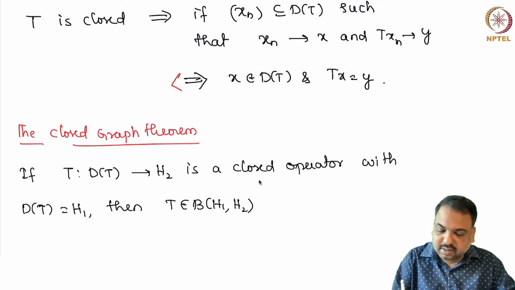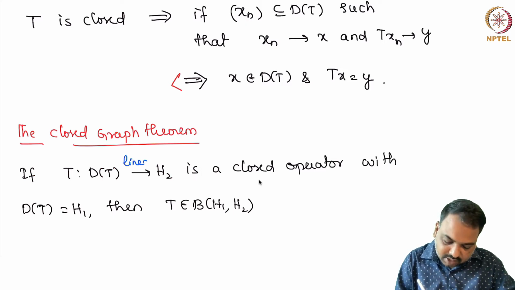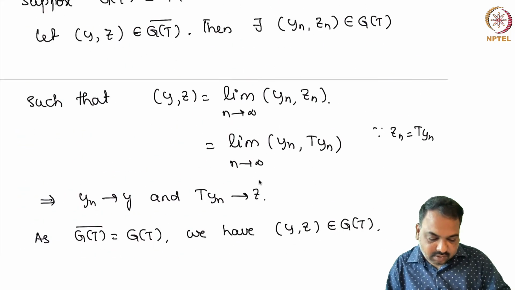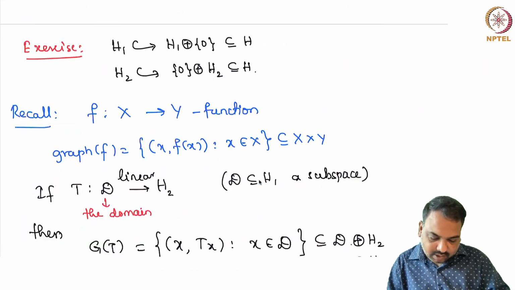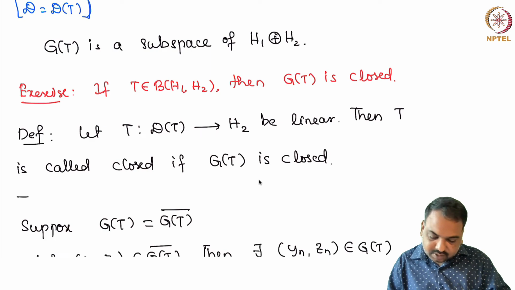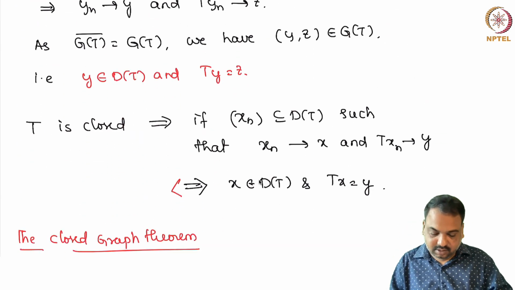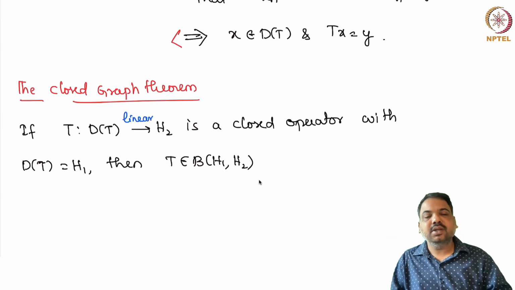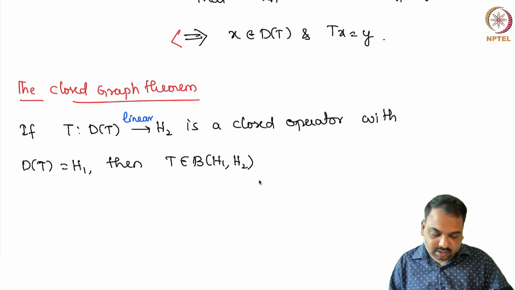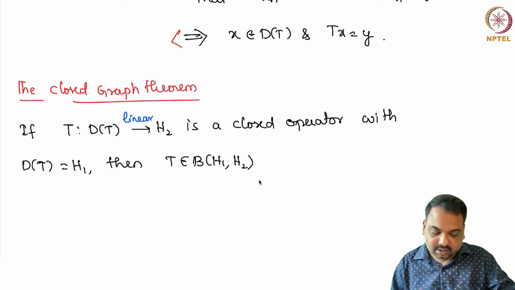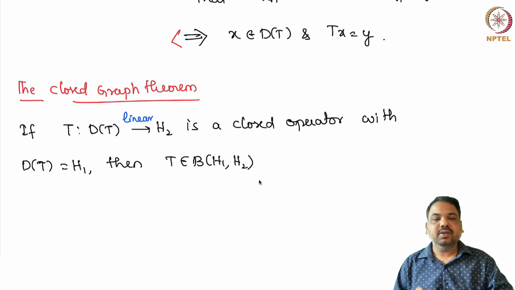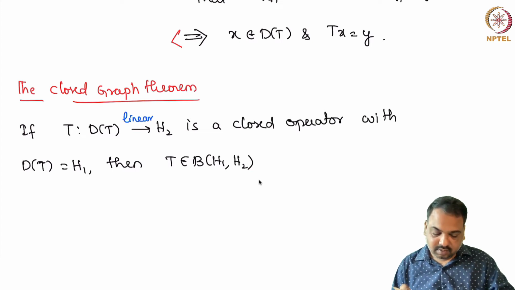Here we assume that T is a linear operator, because when we discussed closed operators, we assumed it's a linear map. Of course, without assuming linearity we can also define closedness, but here we assume that T is a linear map, and if the graph of T is closed, we call it a closed linear operator. So the closed graph theorem says that whenever T is a closed linear operator whose domain is the full space, then automatically it's a bounded operator.